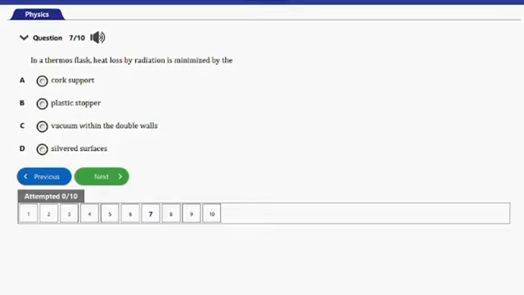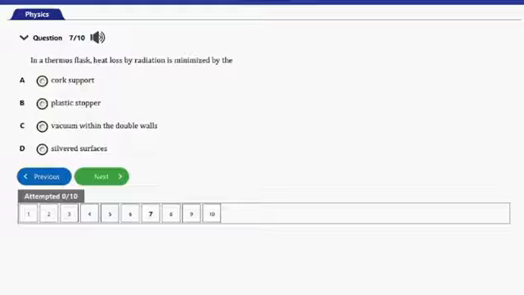So guys, the answer to this question is option D here, the silvered surfaces. So in a thermos flask, the heat loss by radiation is usually minimized by having silver surfaces that can cause reflection. So that's it for this question. So option D is the answer to this question.